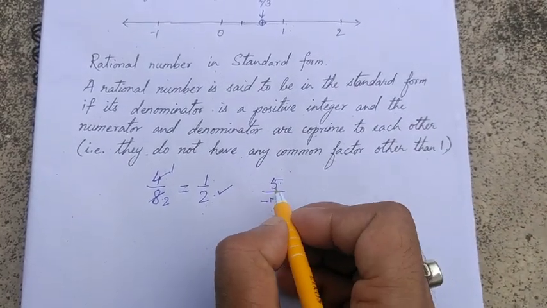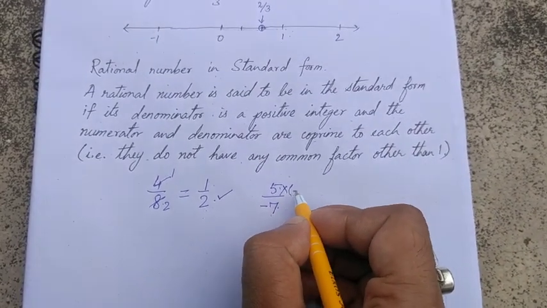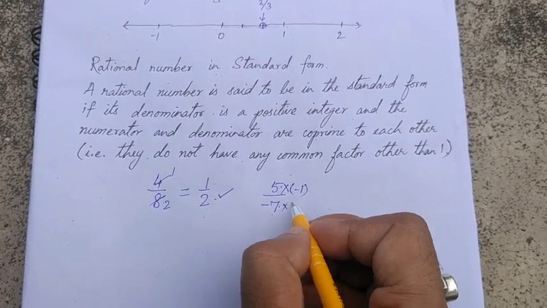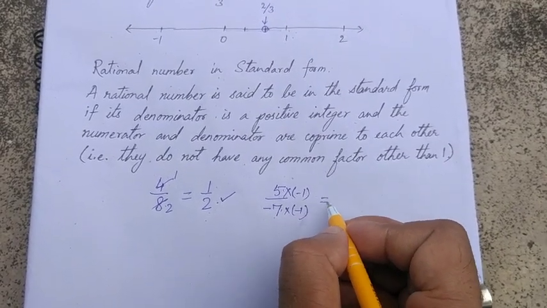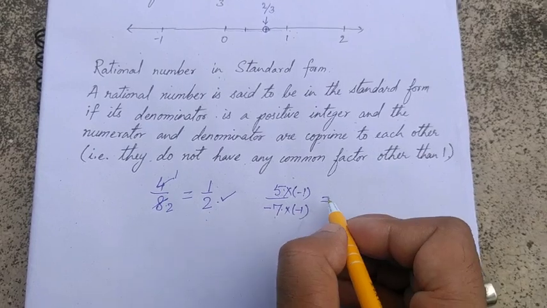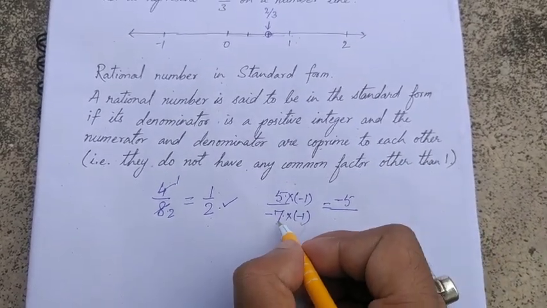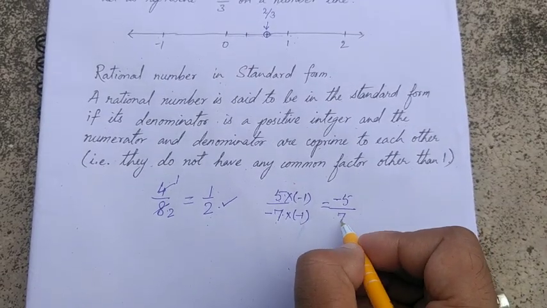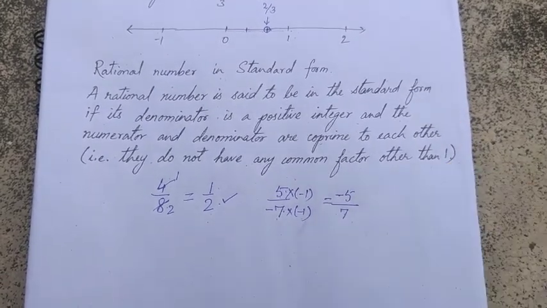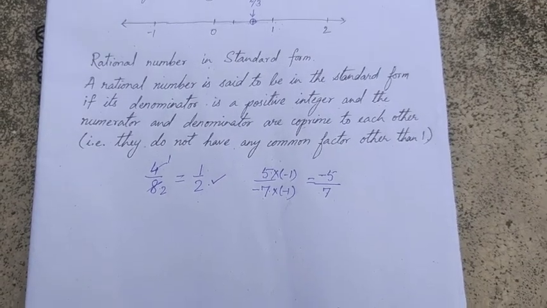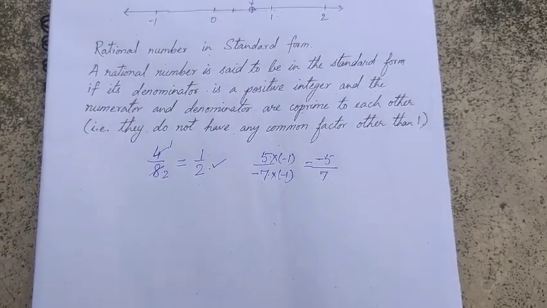What is the easiest way? Just multiply both the numerator and the denominator with minus 1. Now minus 1 into 5 will give me minus 5, and minus 1 into minus 7 will give me 7. Now minus 5 by 7, both minus 5 and 7 are integers, so it is a rational number.